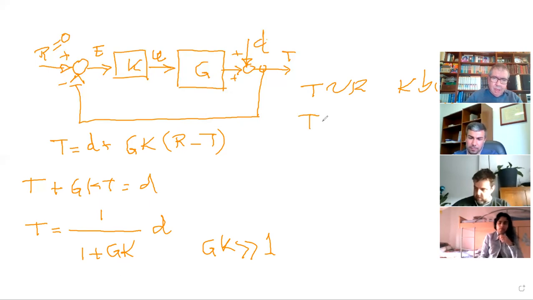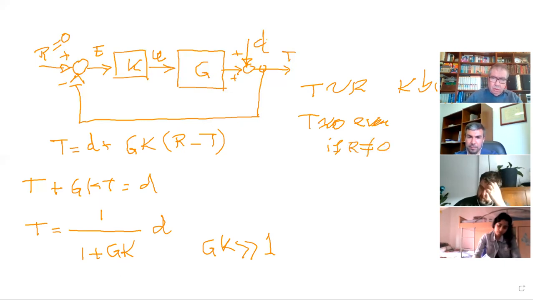T close to 0 or to the value that it had when tracking R, even if R is different from 0. What is the rule about K? Is it small? No, big. If K is big, 1 divided by a big thing is close to 0. So again, it's big. Okay?